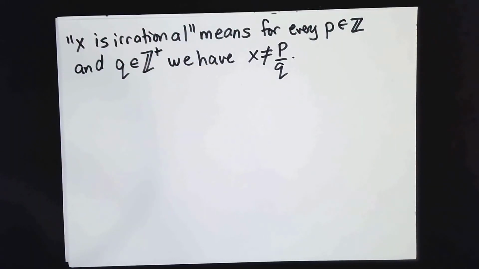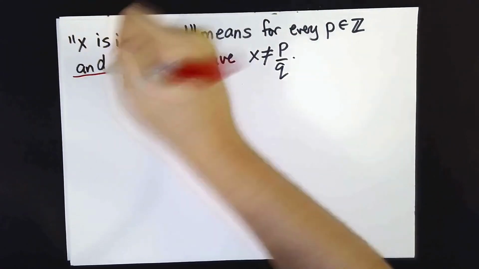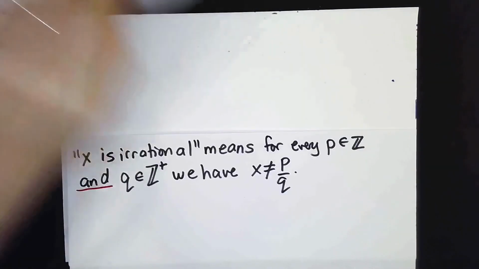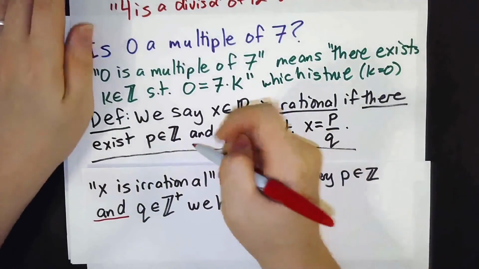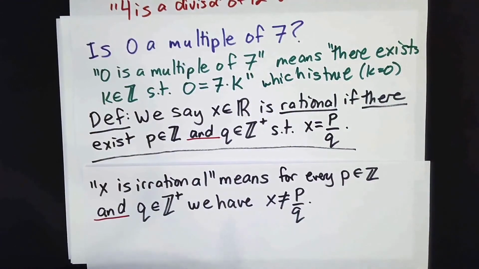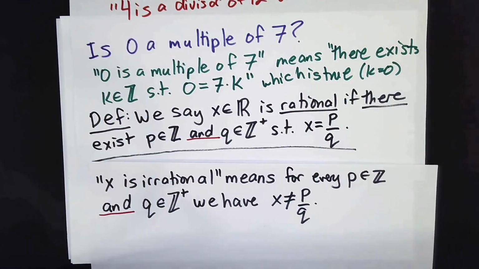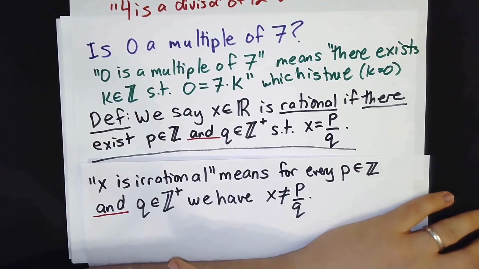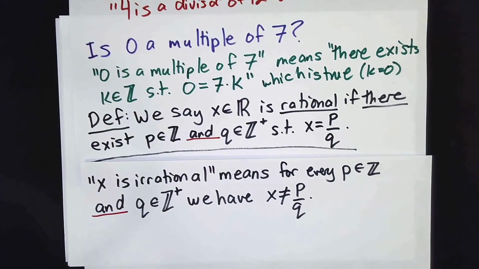I do want to address, because I'm sure some of you are wondering, why did this "and" not become an "or"? If I look at the original statement, that's an and. And when I negate ands, they turn into ors. Why is that not an or? Is it a mistake? And the answer is no, it's not a mistake.